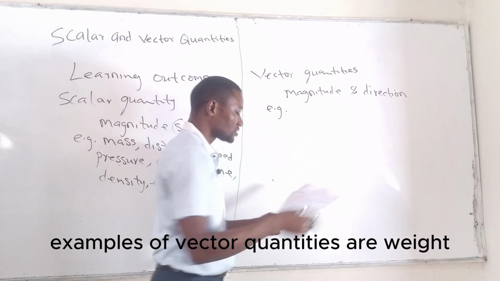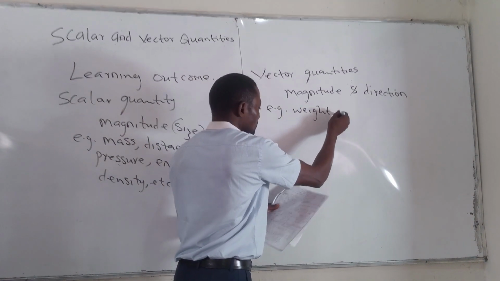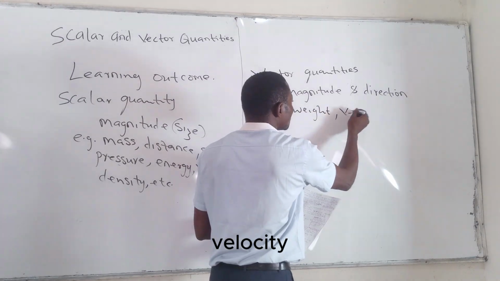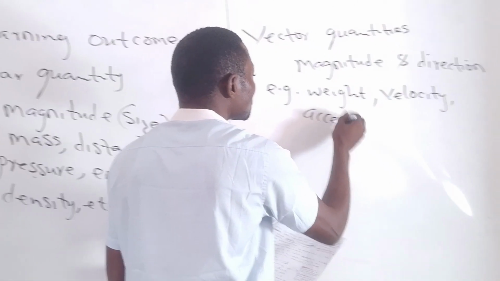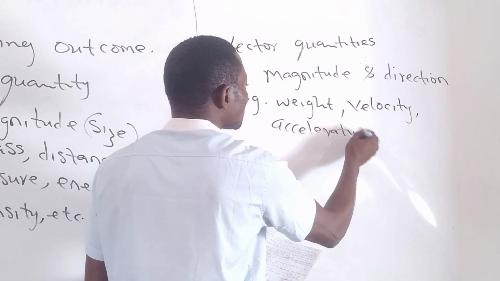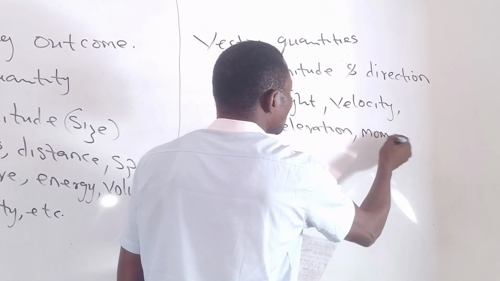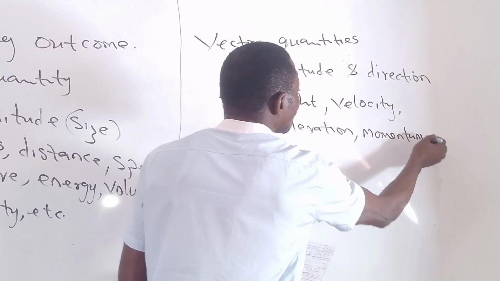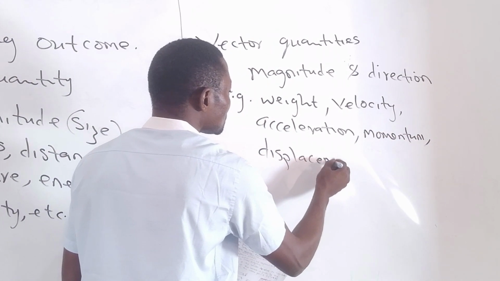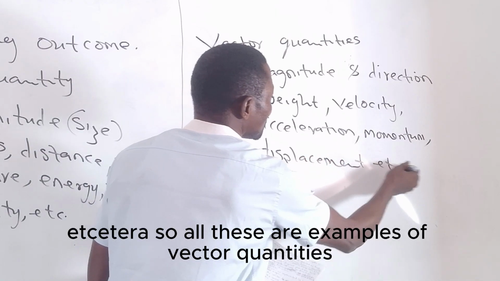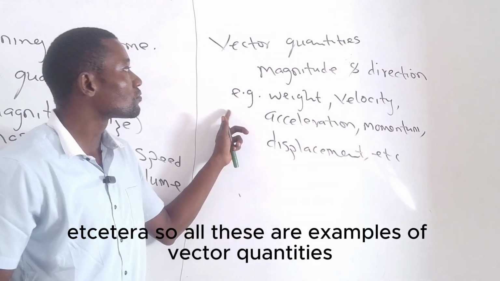Examples of vector quantities are weight, velocity, acceleration, momentum, displacement, etc. So all these are examples of vector quantities.